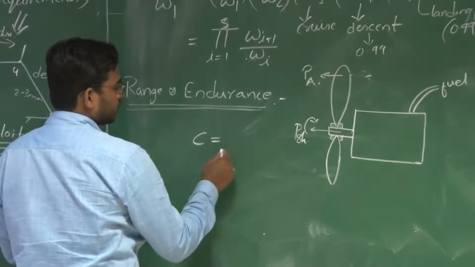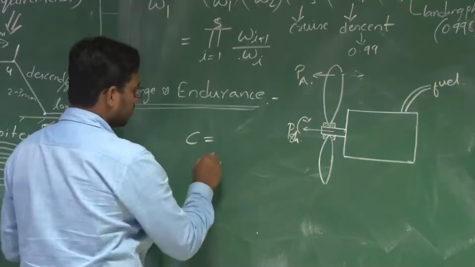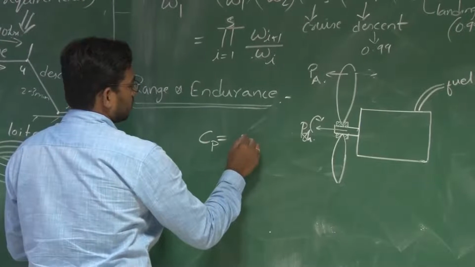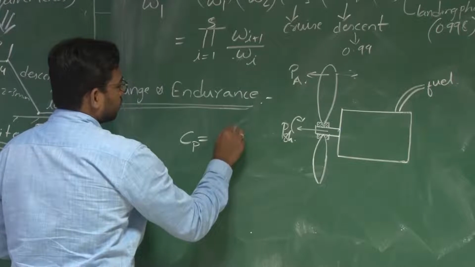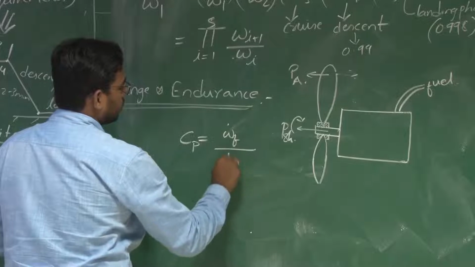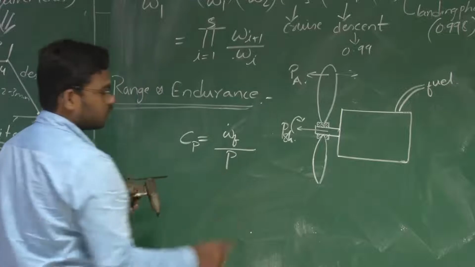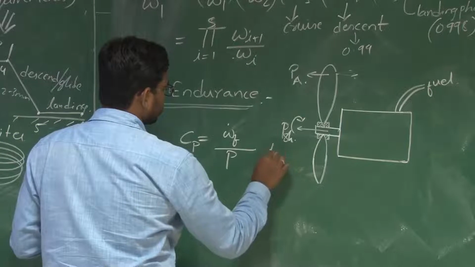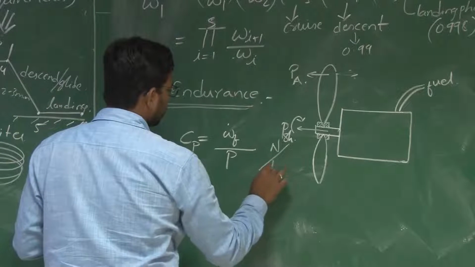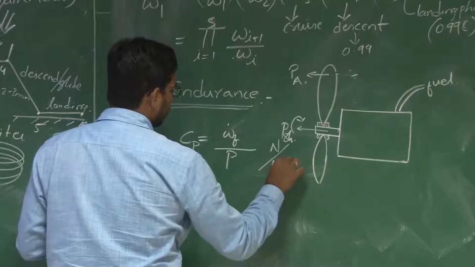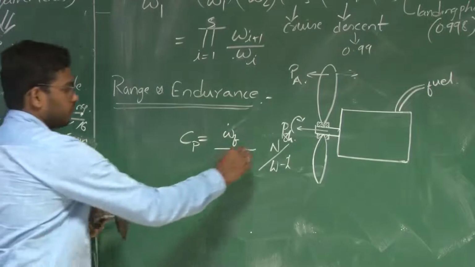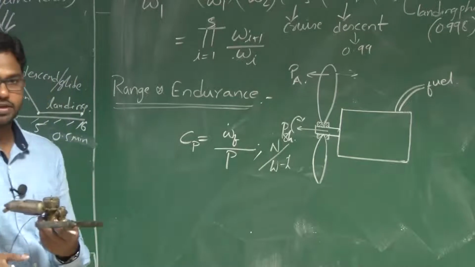Specific fuel consumption for this IC engine is CP, which is defined as the weight of the fuel consumed in producing unit power. So what are the units of this? Newton per watt hour. This is for the IC engine.